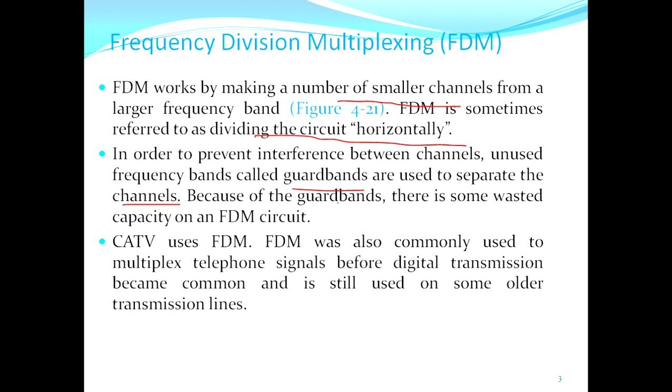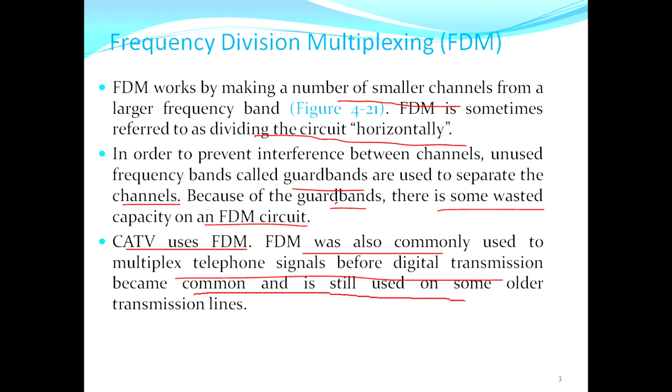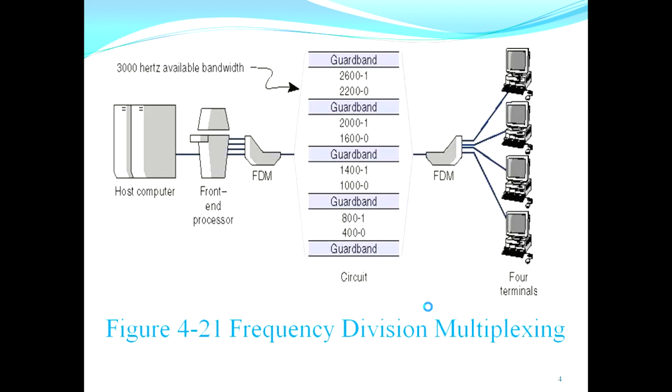So because of the guard band, some frequency range in FDM is wasted. Right. CATV uses FDM. FDM is commonly used to multiplex telephone signals before digital transmission because a common channel is used, and it is still used in older transmission lines.